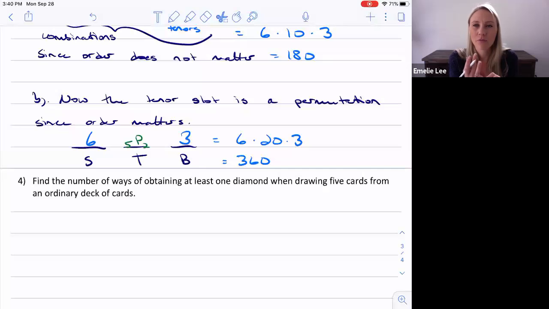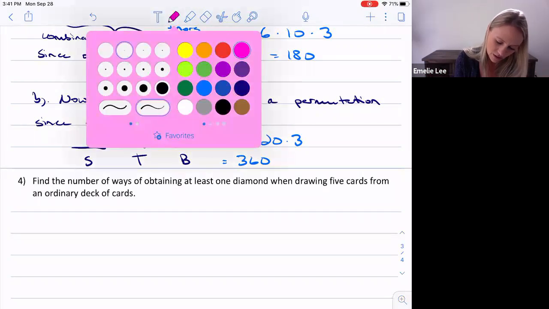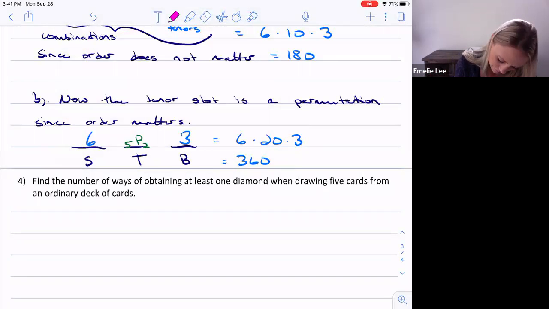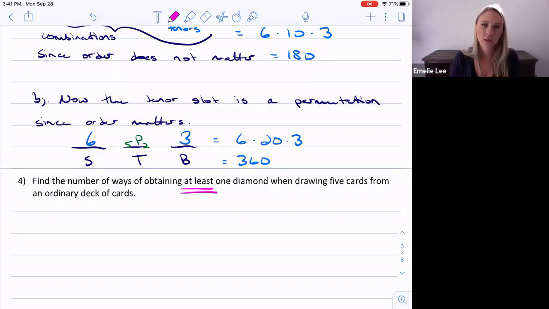I could go through and figure out how many ways I could have 1 diamond, 2 diamonds, 3 diamonds, 4 diamonds, 5 diamonds, and add those all up. That's perfectly reasonable. But a lot of the times, if we're talking about at least situations, we usually employ the complement, right? So I could figure out how many five card hands I have in general, and then just subtract everything that doesn't satisfy the at least 1 diamond.